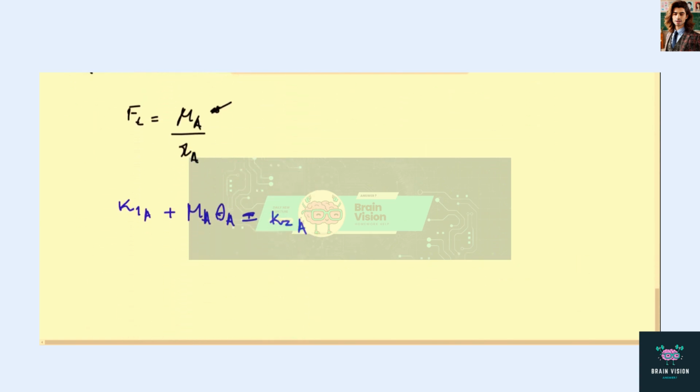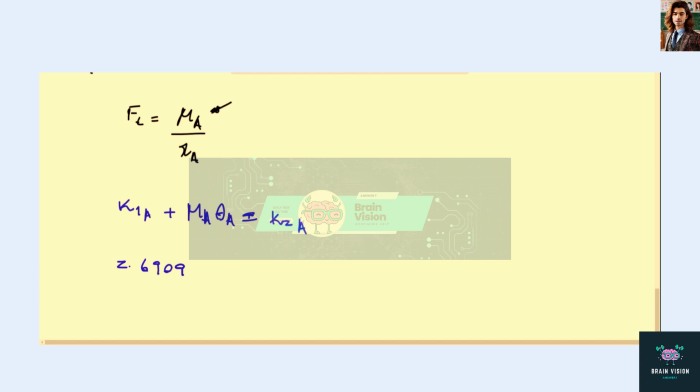Let me see. K2 on the gear A. Okay, so K1 and K2 we already have. This is going to be 2.6909.